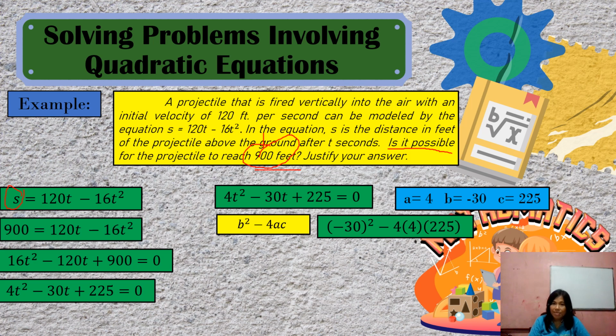So B becomes negative 30, A becomes 4, C becomes 225.